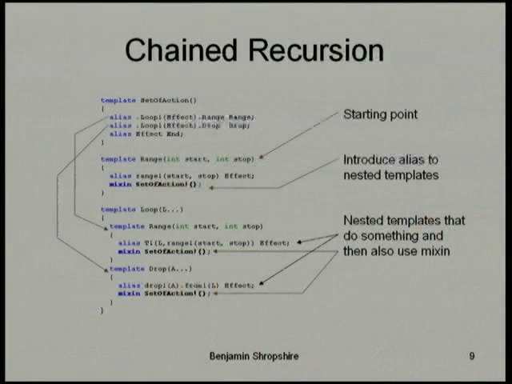Another example, chained recursion. Now this one is kind of funky. Uses aliases. What you've got is a mix-in template here that mixes in a variety of actions. You start out with one template, you mix it in there, and you instance this template. I use a set manipulation example here.